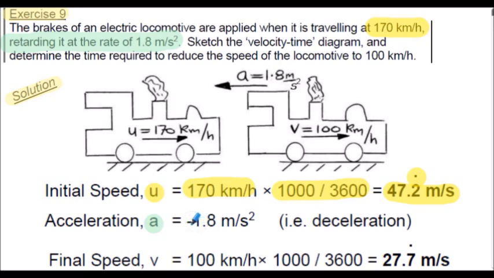That will be negative 1.8 meters per second squared, so that's deceleration. And the final speed v, stated in the question, is 100 kilometers per hour, and again immediately converted into meters per second, so that's 27.7 recurring meters per second.